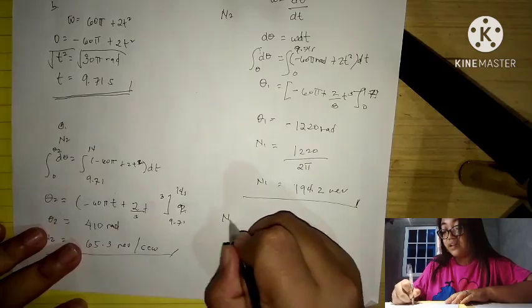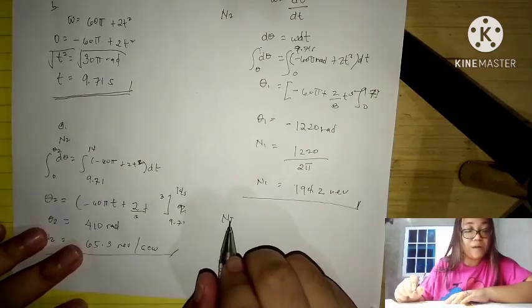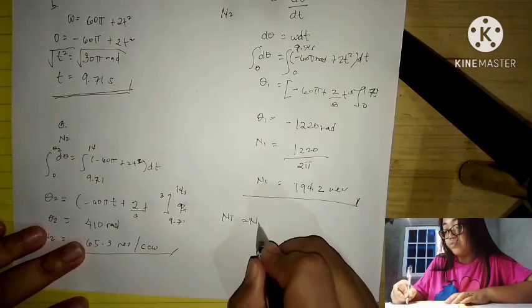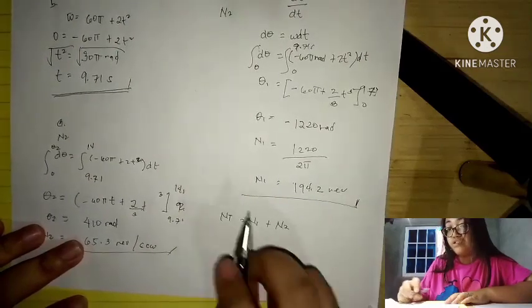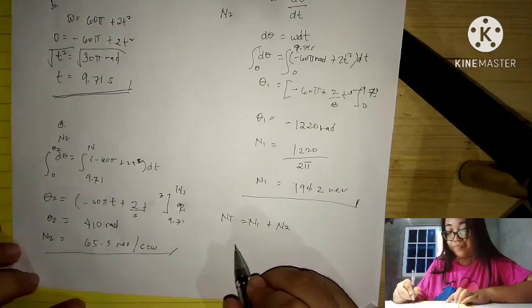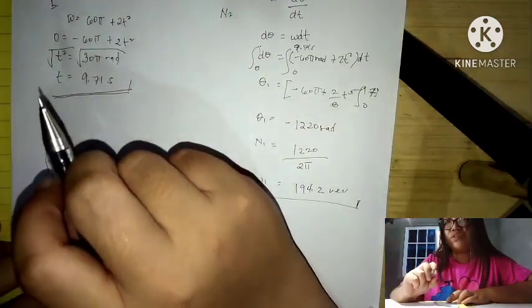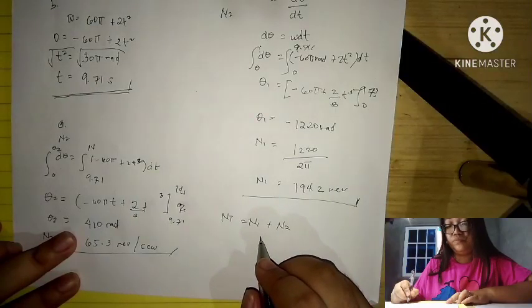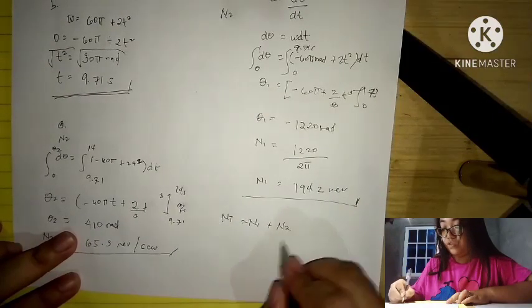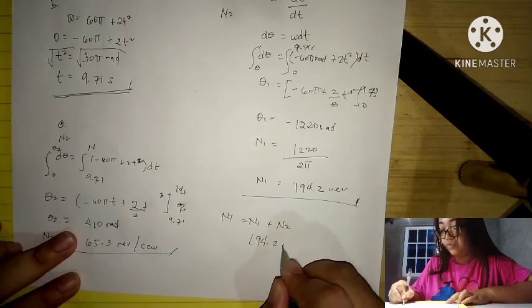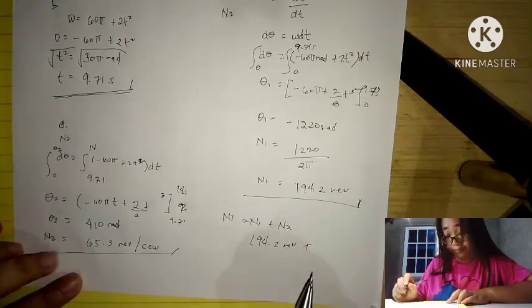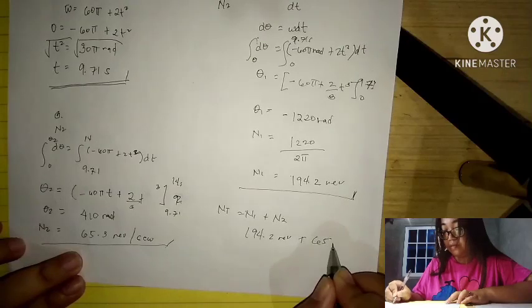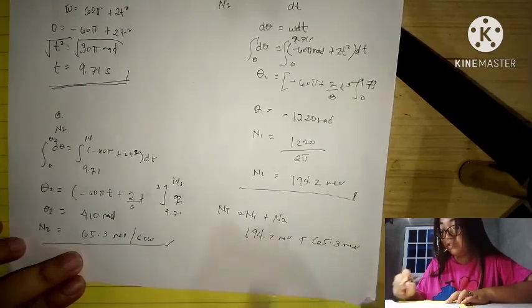Then, yung total number of revolutions, ang formula niya is N1 plus N2. Yung N1 natin is 194.2 revolutions plus 65.3 revolutions.